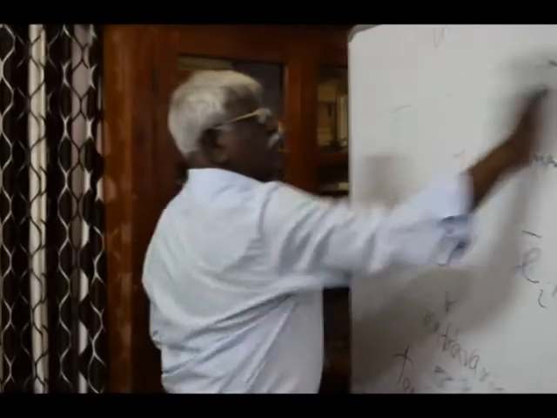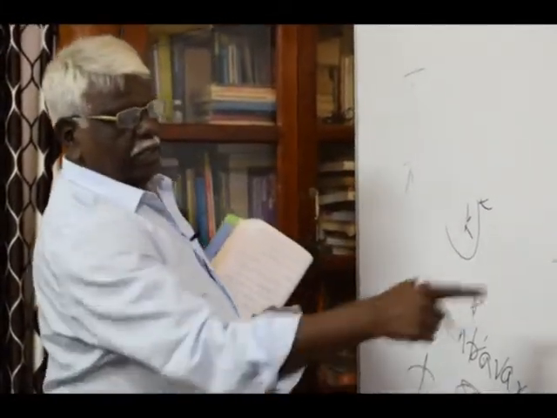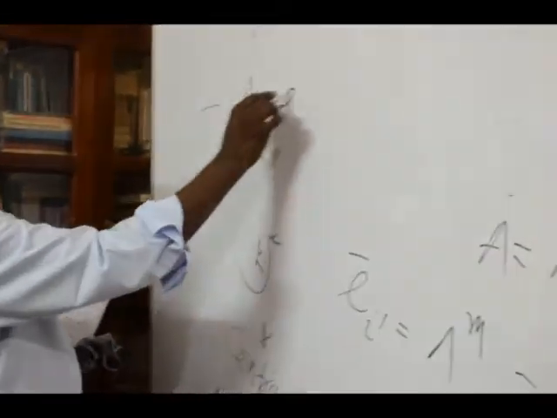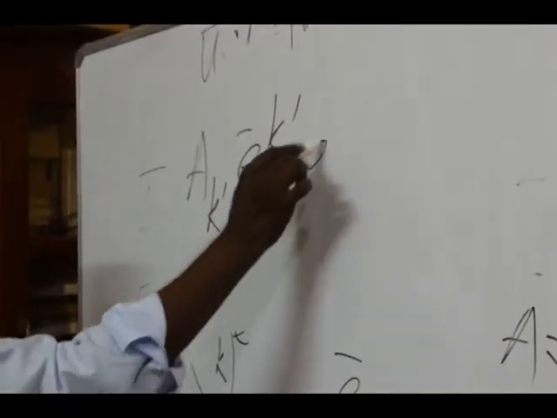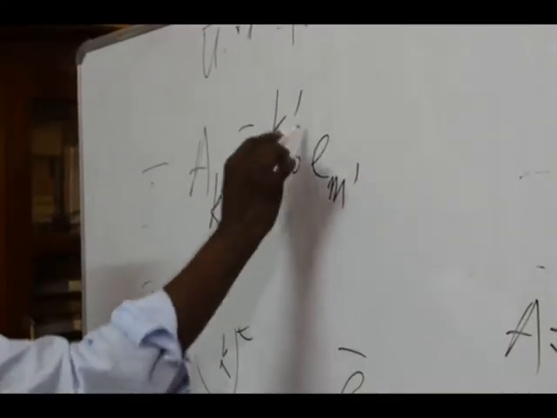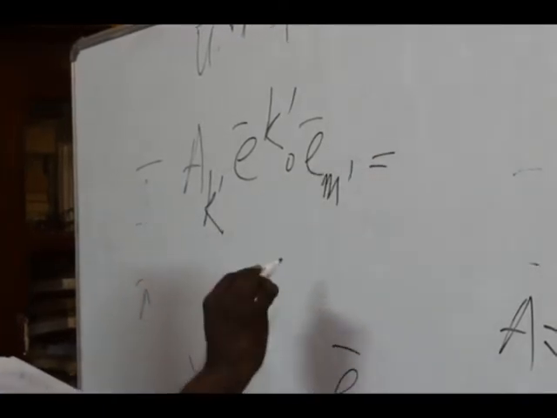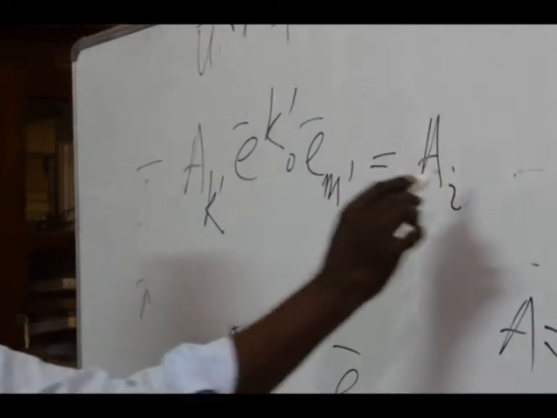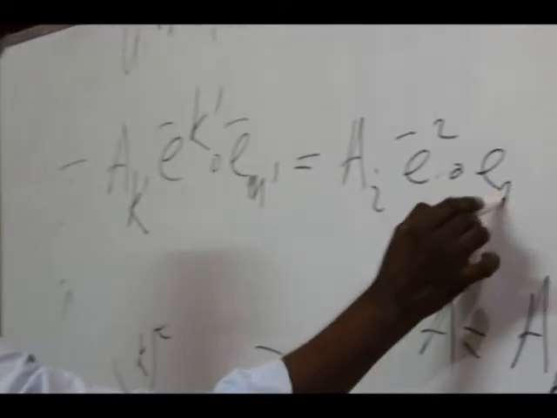Then we shall have AK dash EK dash dot EM dash equals AI EI dot EM dash.